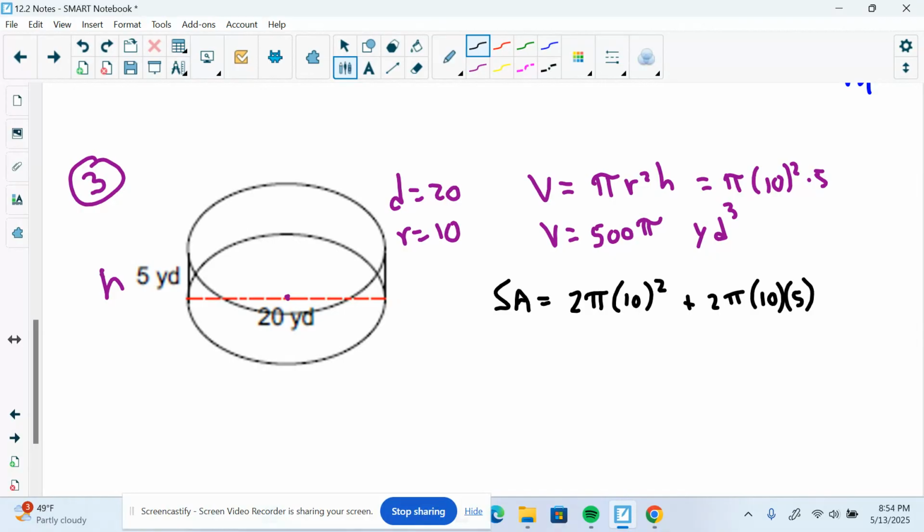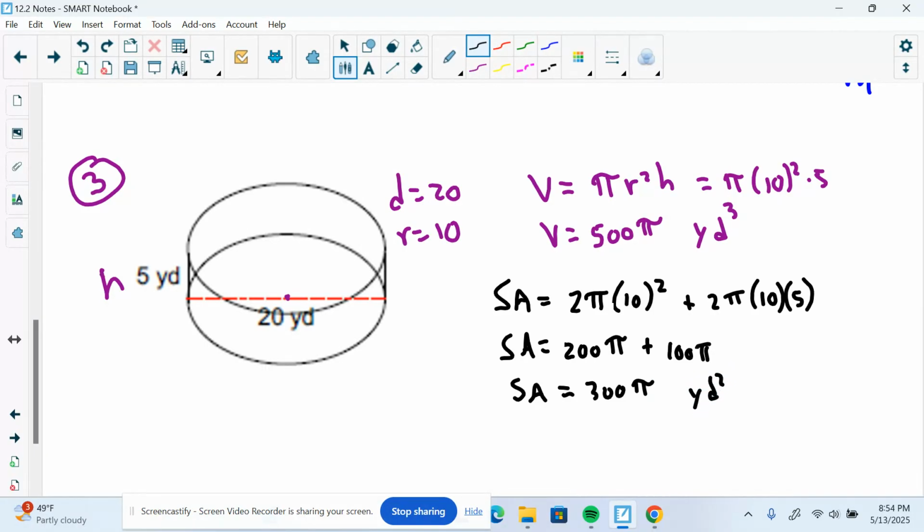Plug the numbers in the right places. Okay? If we need an exact answer in terms of pi, we will do 10 squared, which is 100, times 2. So we'd have 200 pi plus, let's see, 5 times 10 is 50 times 2 is 100, so I'd have 100 pi. And then I can add these two together. It's like adding 200x and 100x, I get 300x, but it's a pi instead of an x. So 300 pi, and that would be square yards.